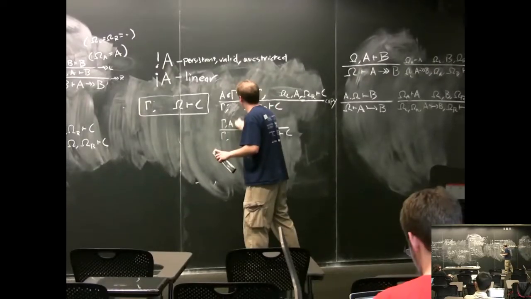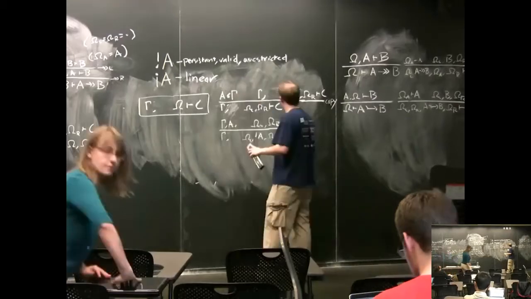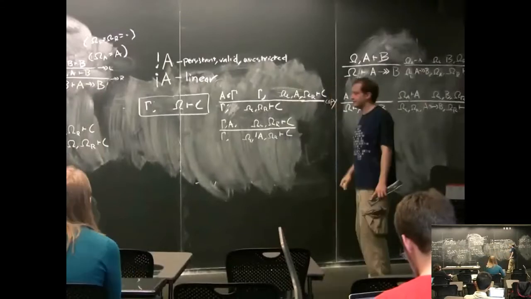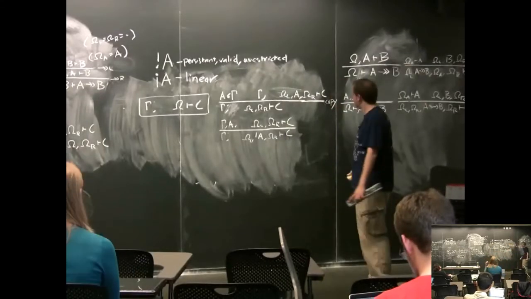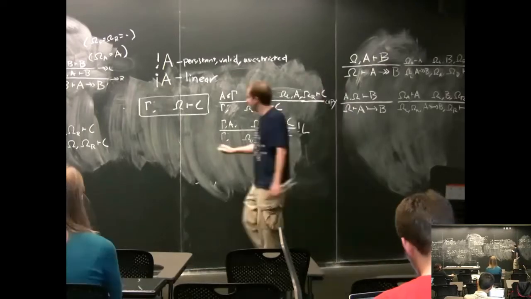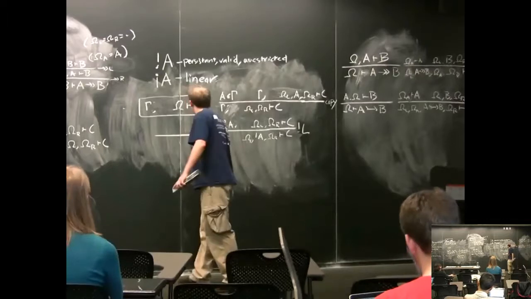I'm going to add that to the persistent context, so now I can copy it in any number of times. So this is being left. What's being right?